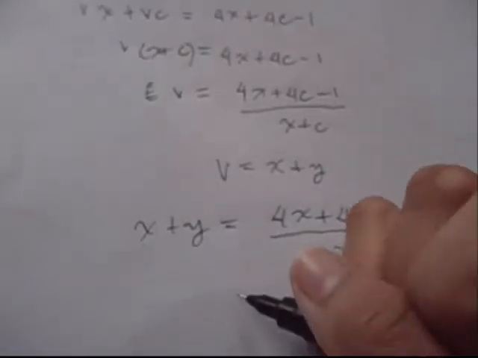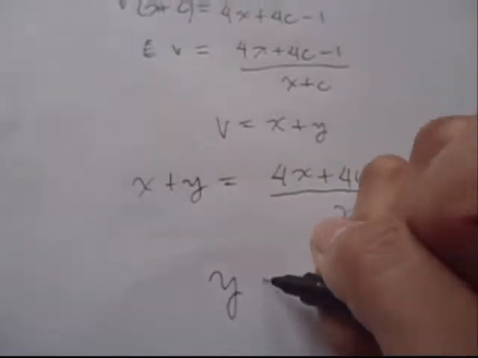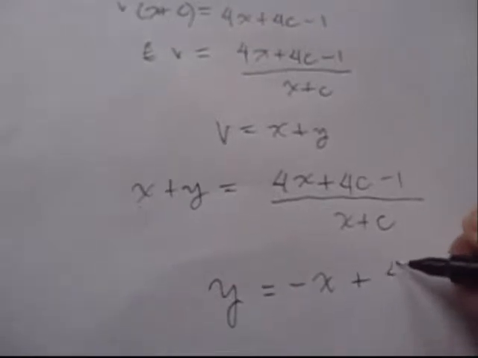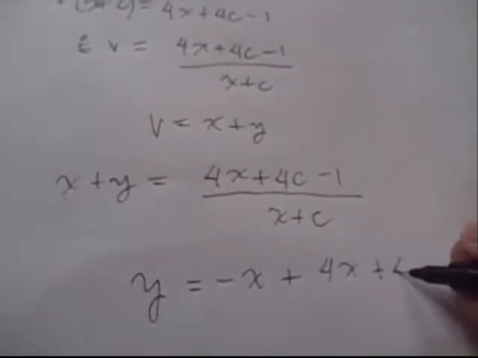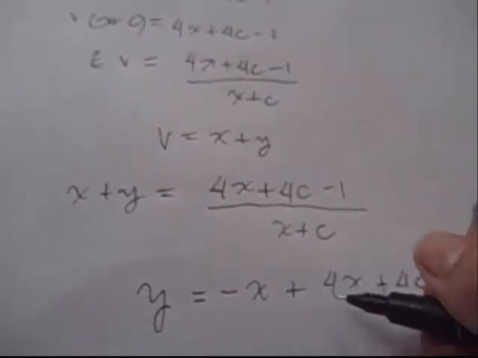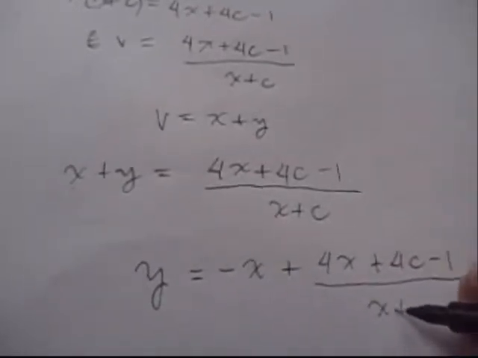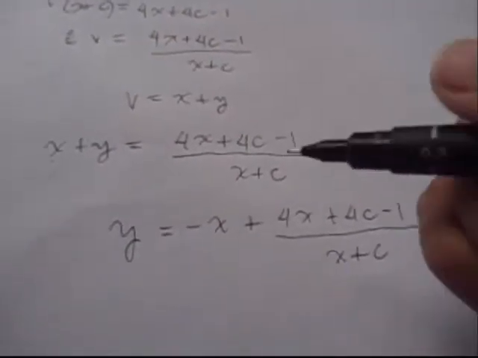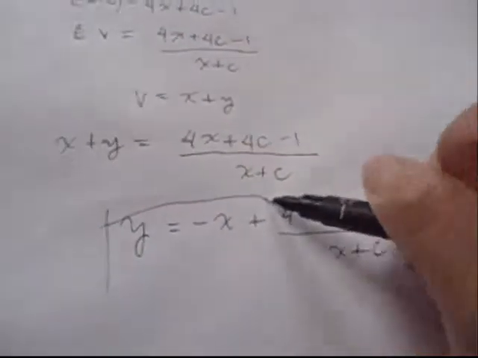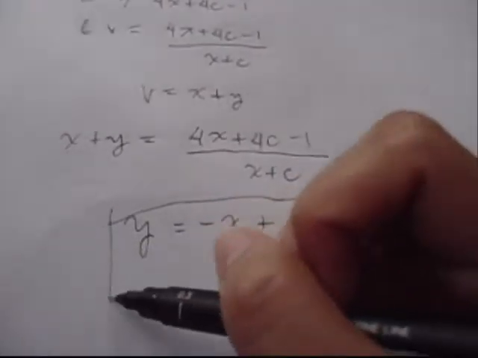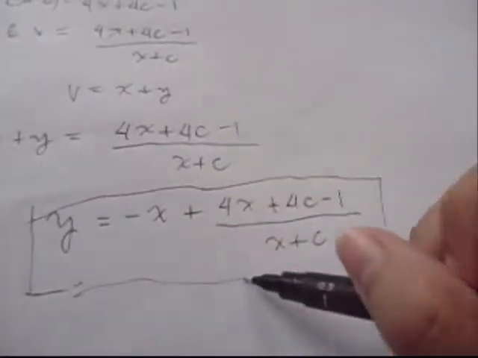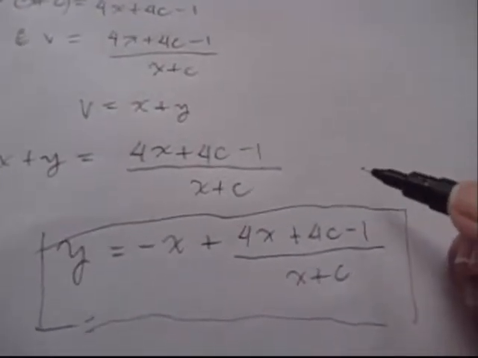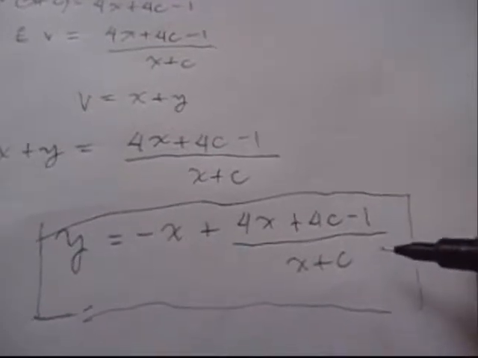And getting y from there, we get y is equal to negative x plus (4x plus 4c minus 1) over (x plus c). And this is our final solution for our problem y prime equals (x plus y minus 3) squared minus 2 times (x plus y minus 3).